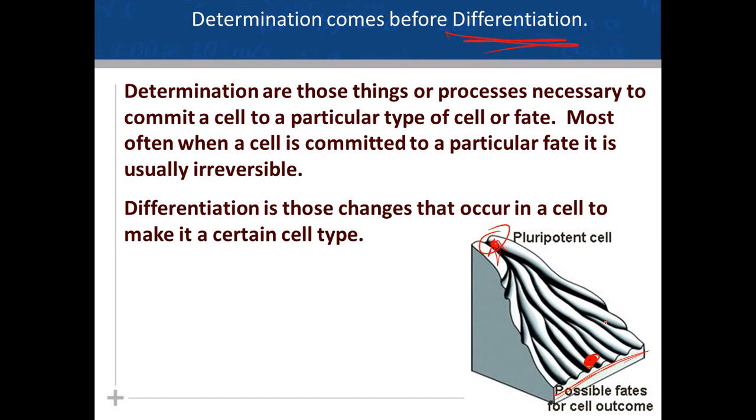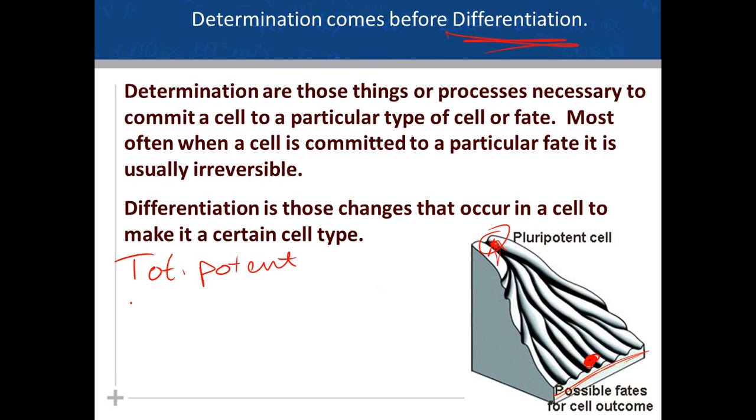Some terminology that you should be familiar with is a term called totipotent. A cell is totipotent if it can make any type of cell for the organism, and that includes extraembryonic cells. Extraembryonic cells or tissues include things like the membranes that surround the chorion or the amnion.